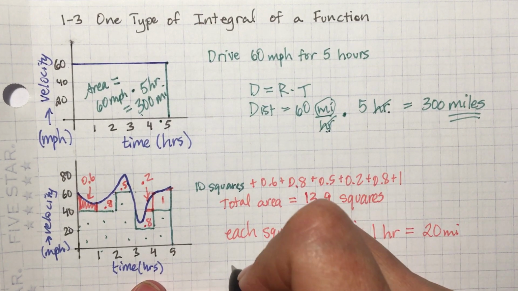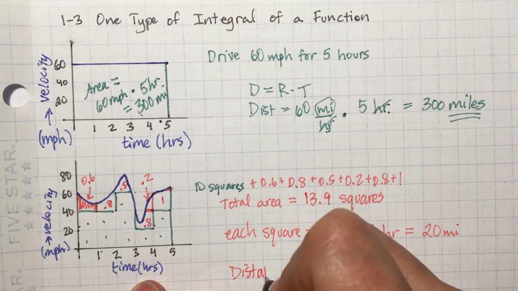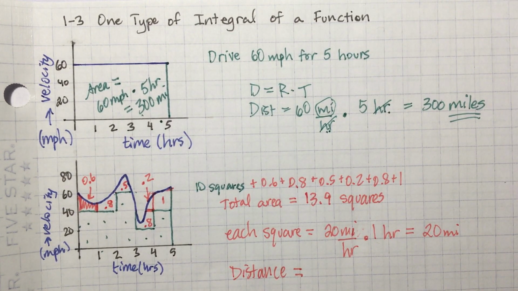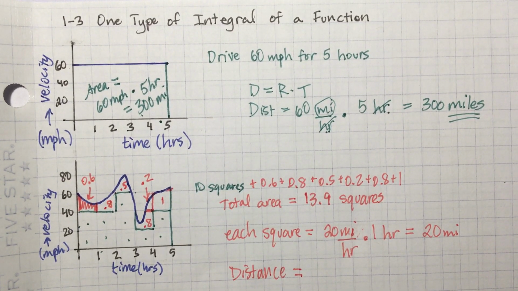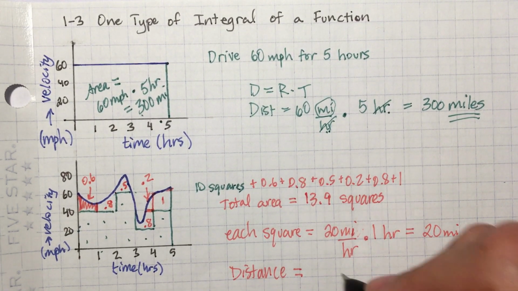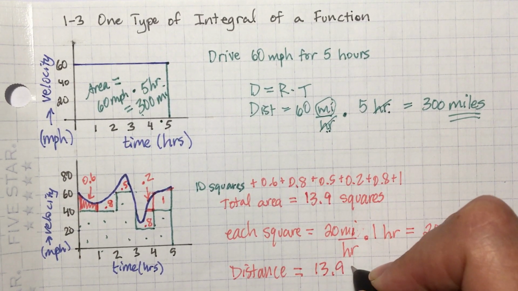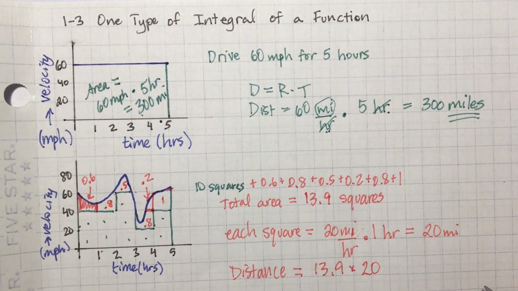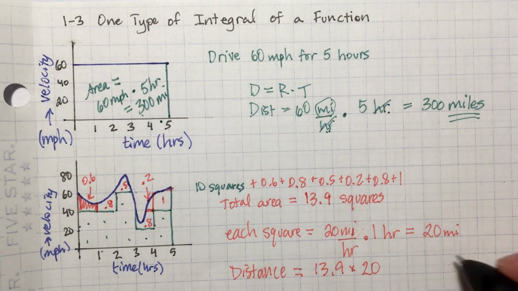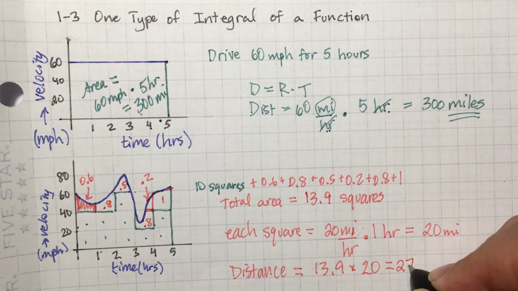So our distance then, we counted up our squares, and then we went, wait a second, each square is 20 miles. So our distance is 13.9 times the 20 miles for 278 miles.